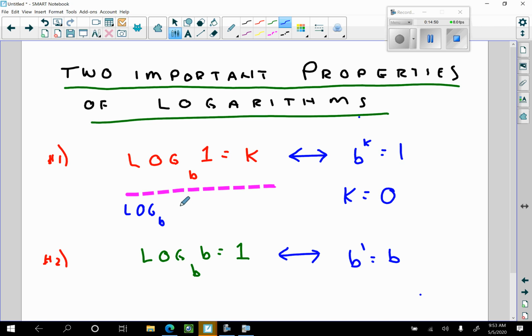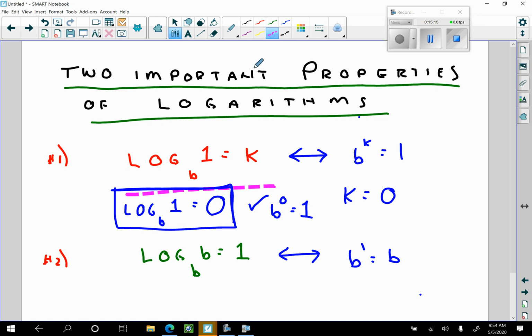It could be 2. It could be whatever. But the log base b of 1 is always equal to 0. That is always true. And they're going to ask you that multiple times. And why is that true? That's true because b to the 0 is equal to 1.